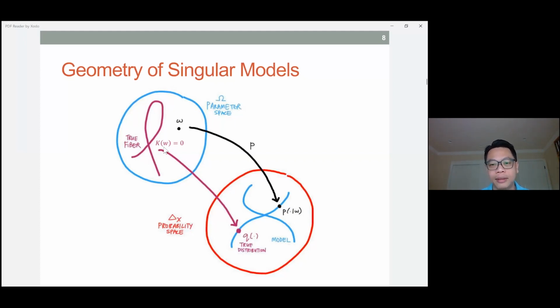I'm sorry about that. There are usually some technical assumptions here, which I think will not be very illuminating at this point. But we can introduce enough assumptions that make the true fiber here well behaved, and they are very reasonable assumptions on the statistical model on P.